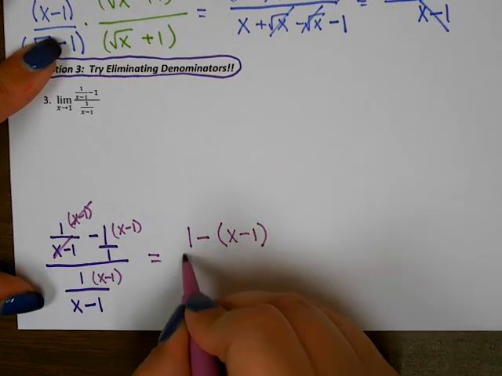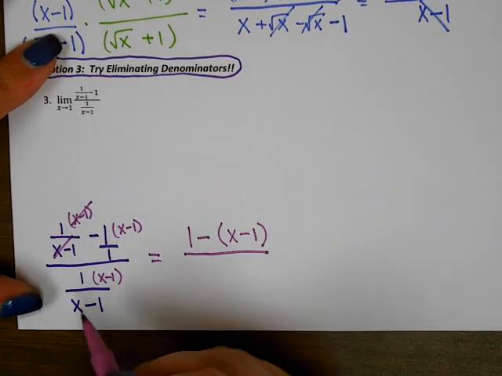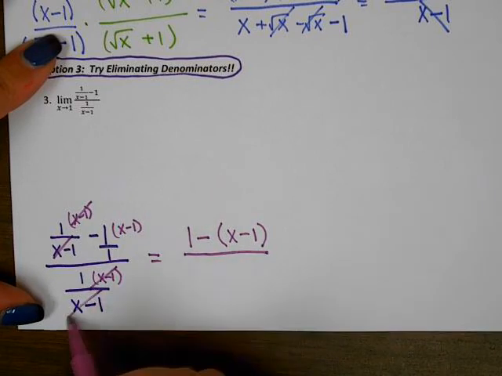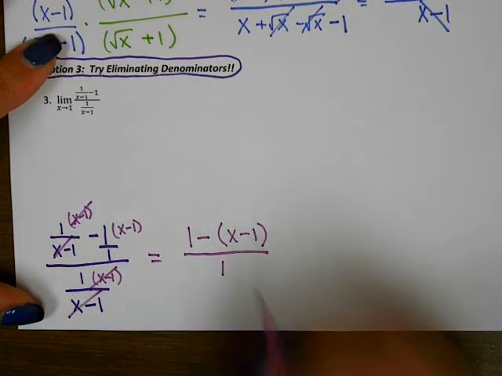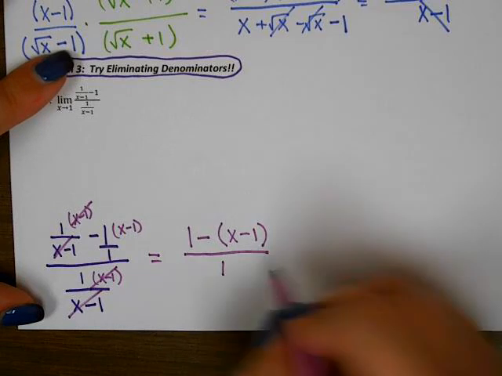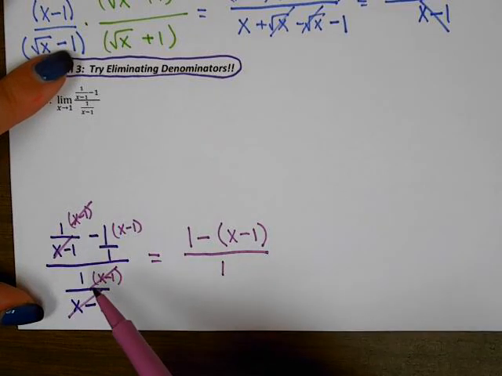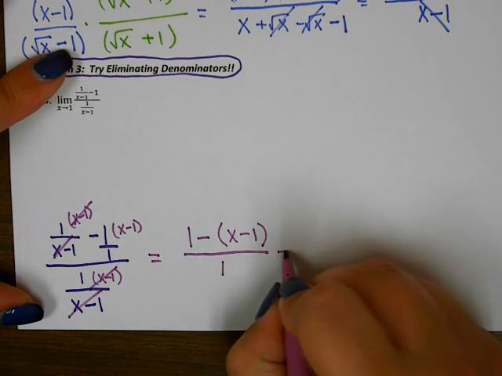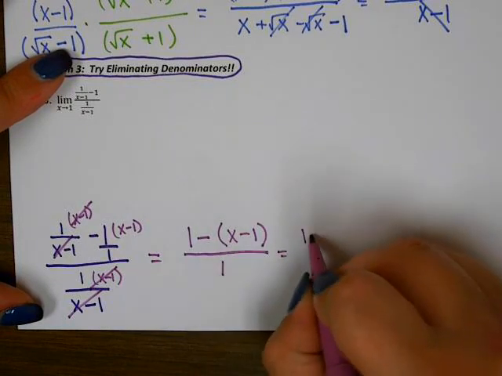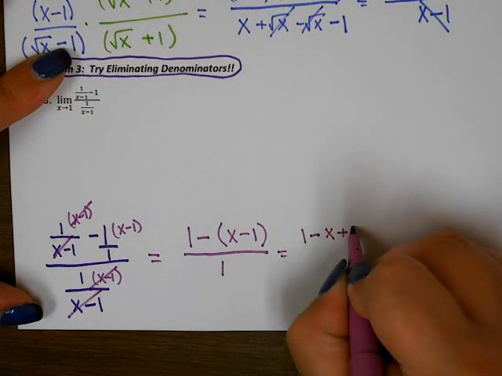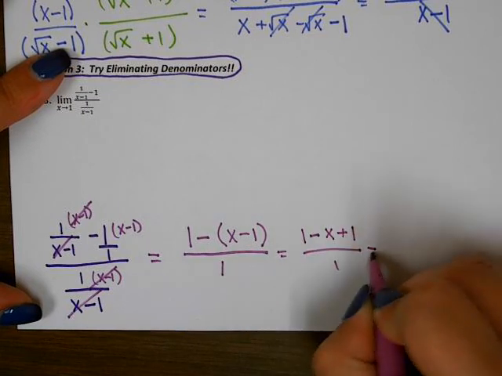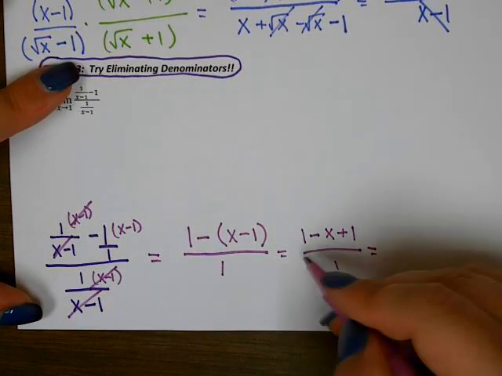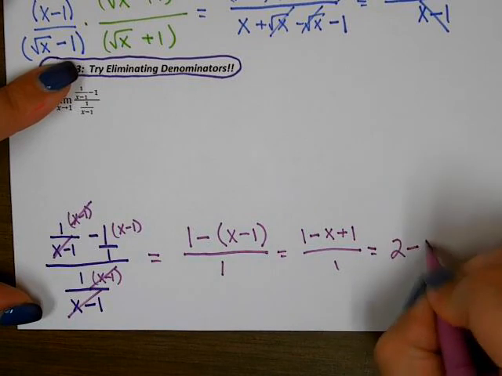And on my denominator then, this x minus 1 cancels with this one, and I'm left with a 1 overall on the bottom. So all I had to do was multiply by the LCD, and it makes this a lot easier to deal with. So now I can distribute my negative, and I'm at 1 minus x plus 1 all over 1. And this simplifies down then to 2 minus x.